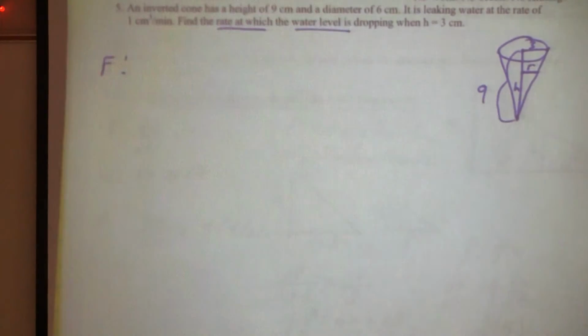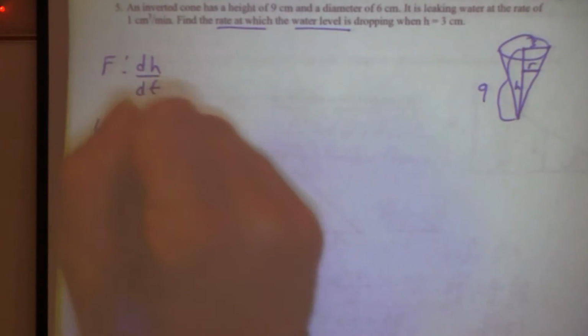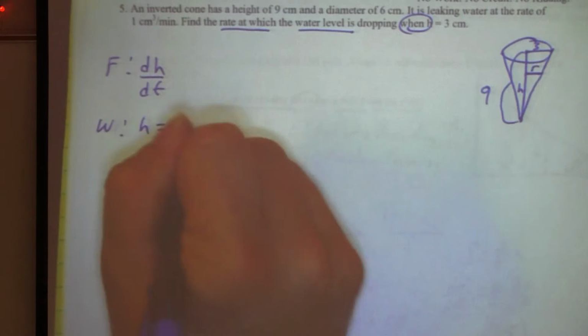All right, so now let's set it up. What are we trying to find? The rate at which the water level is dropping: dh/dt. Why is it not dV/dt? That's the height of the water. The water level is not the same as the amount of water in there. Find when h equals 3 centimeters.